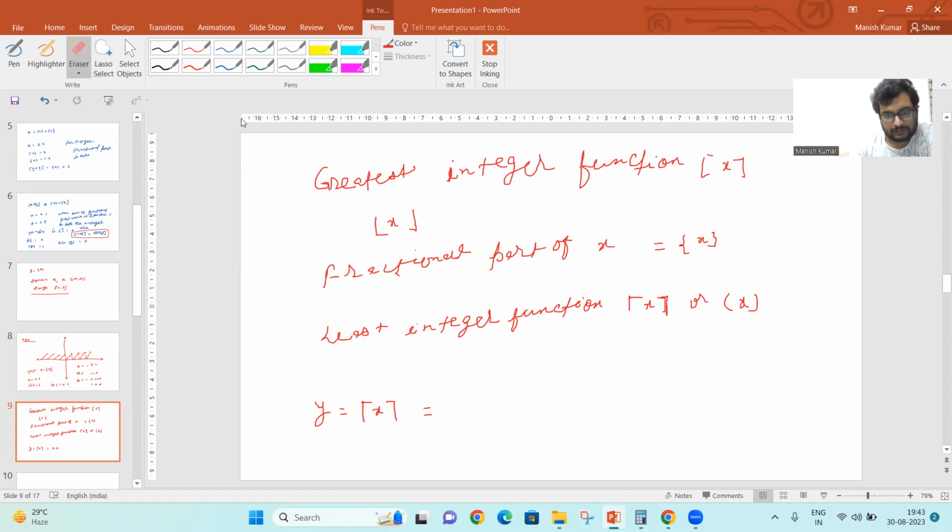If you are taking it, you have to take the next higher integer. Let's say you are given 3.2. The least integer function of this becomes 4.